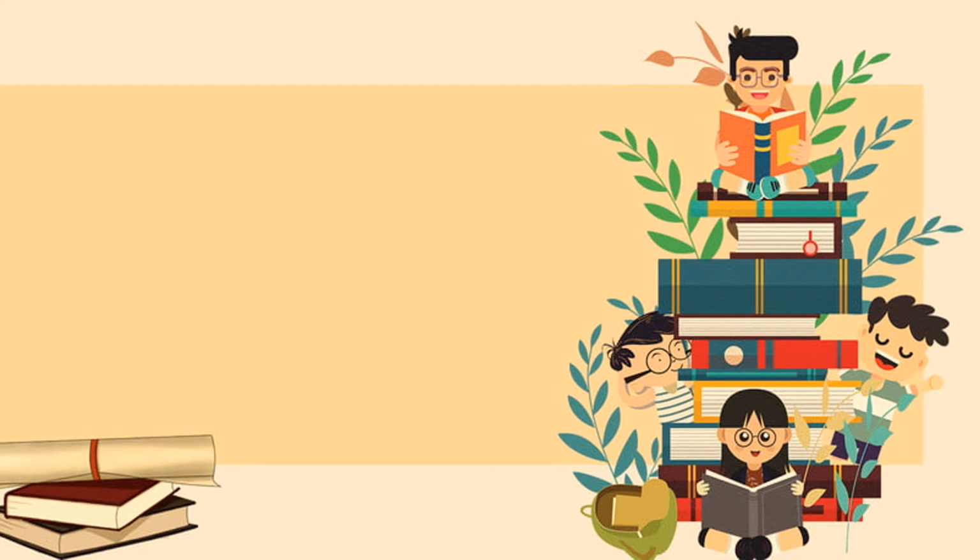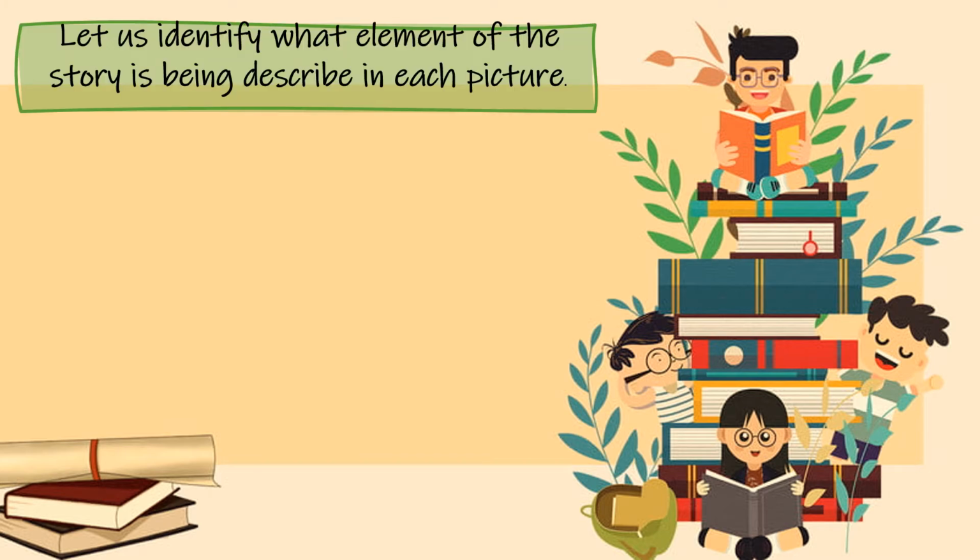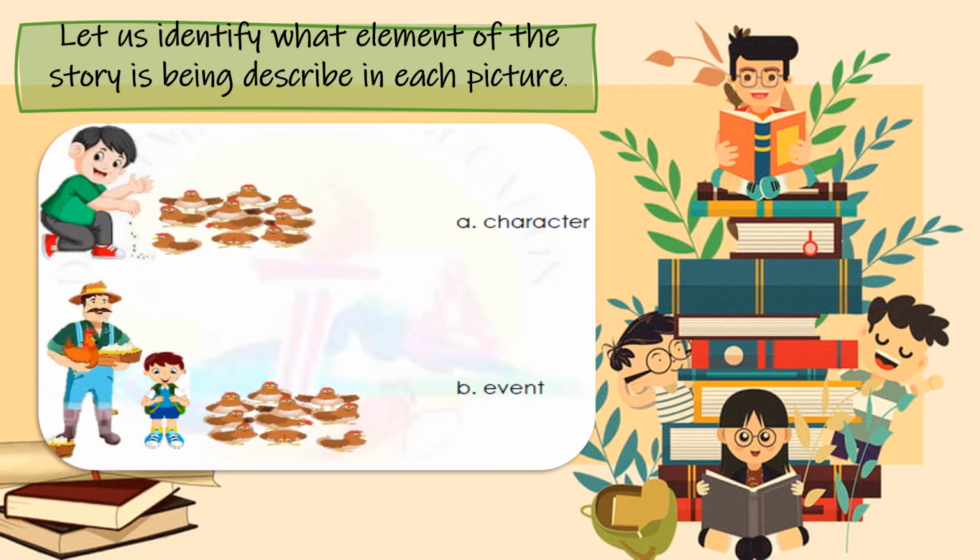Now, since you already know our lesson for this day, let us identify what element of the story is being described in the picture. You have to choose which letter suits the picture on the left.